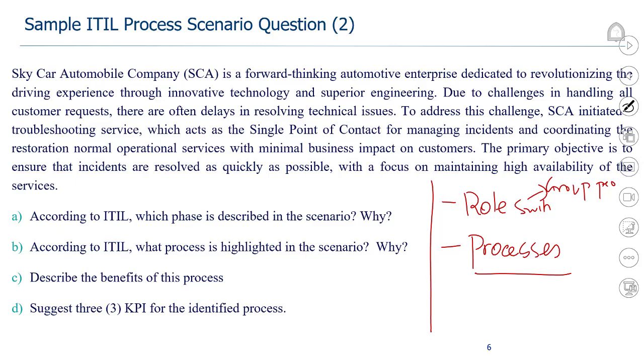So for example, we want to see how many incidences were logged, how many of them were solved, for example, within the SLA agreements, SLAs, okay? Yes, Obaid, role is equal to the function. So the role is the same as a function. So those are just groupings of people that have specialized skills.